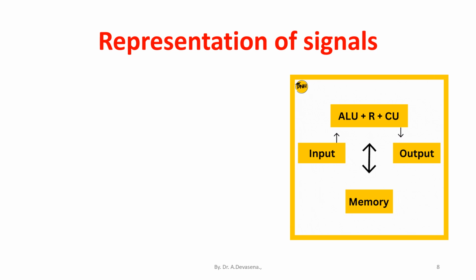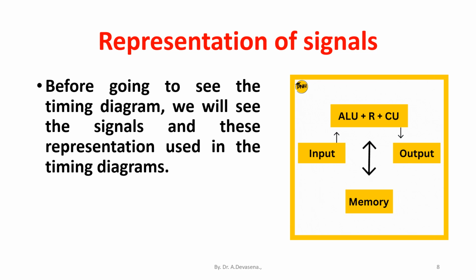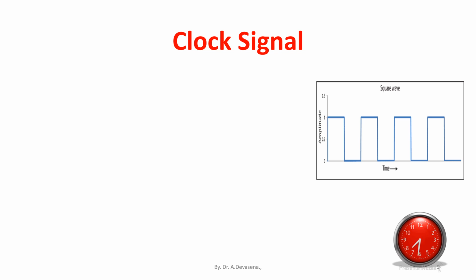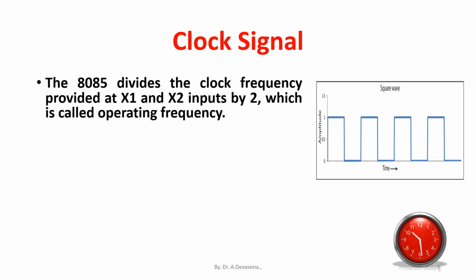Representation of signals. Before going to see the timing diagram, we will see the signals and their representation used in timing diagrams. Clock signal. The 8085 divides the clock frequency provided at X1 and X2 inputs by 2, which is called operating frequency.